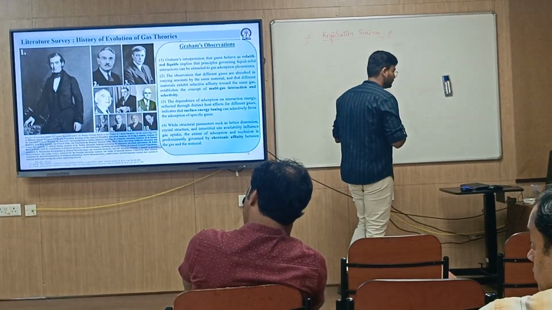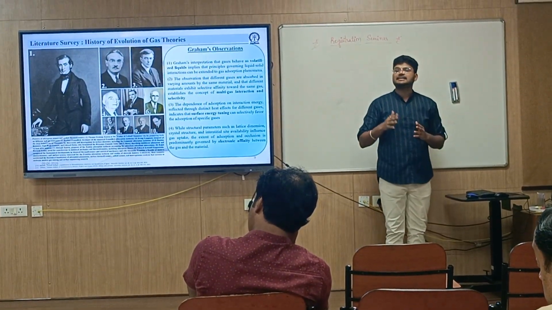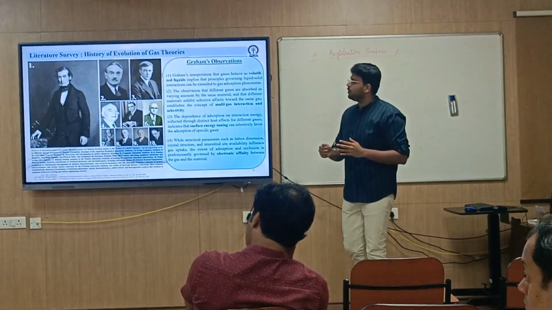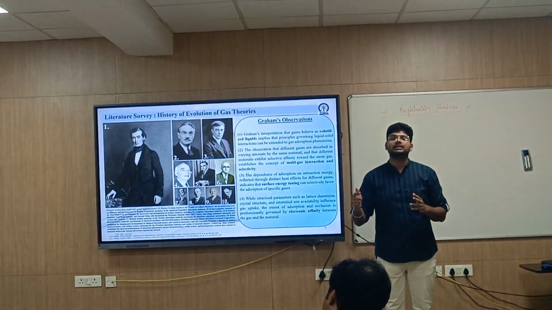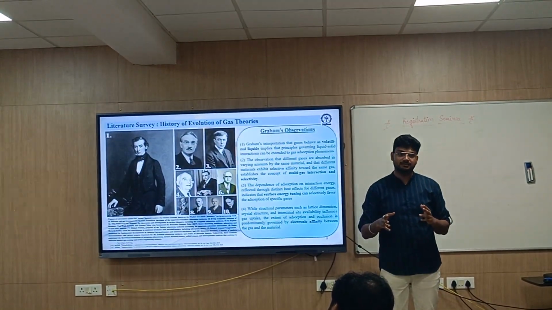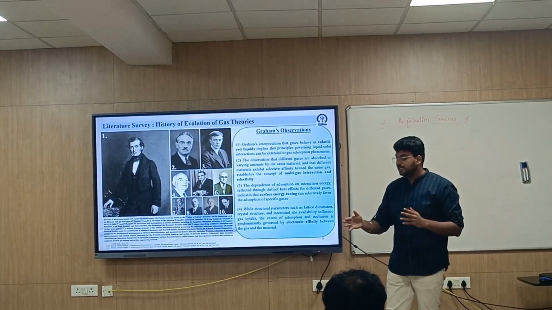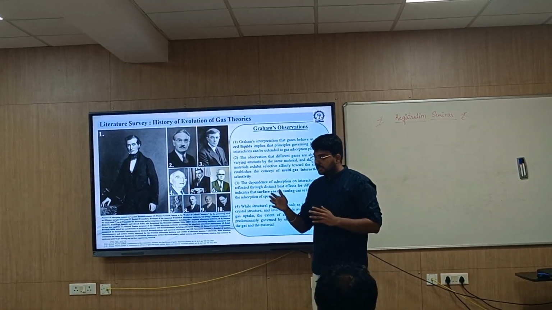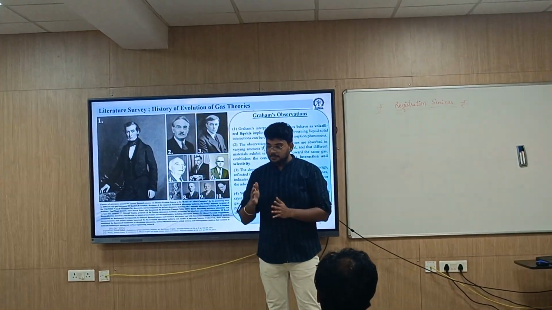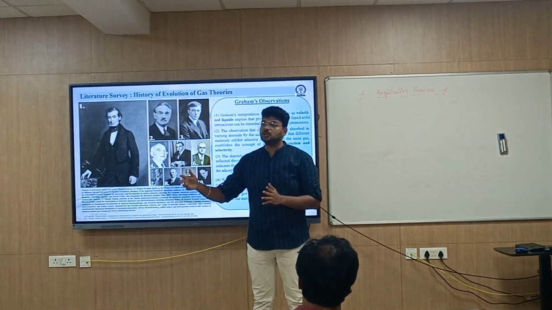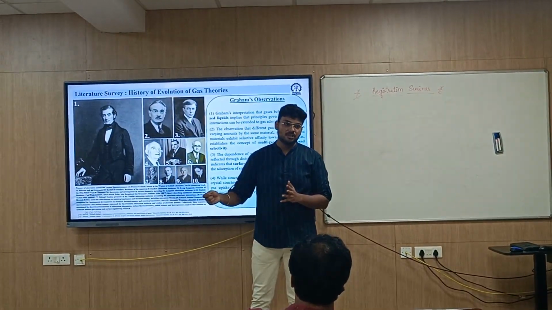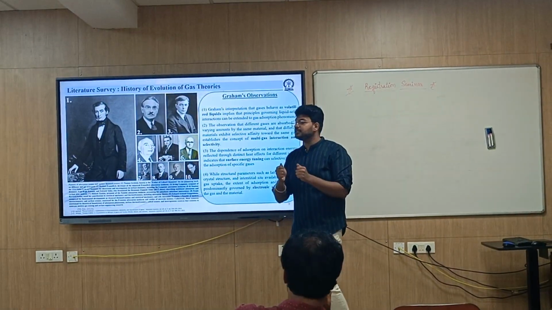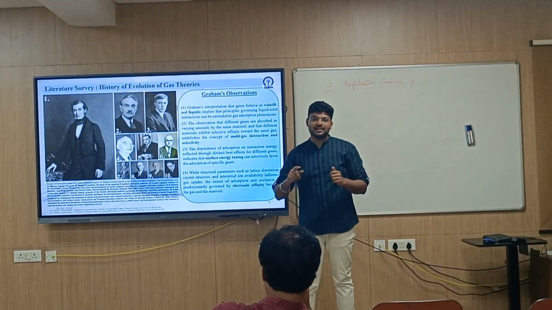The second: different gases are absorbed in varying amounts on a single material. And conversely, the same gas may have different affinity towards different materials. So here we can check the multi-gas interaction.